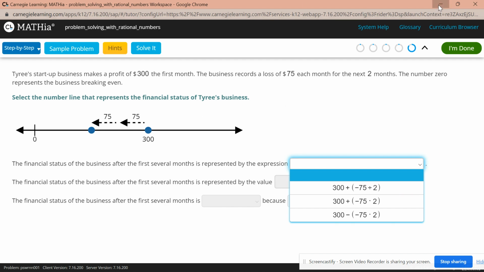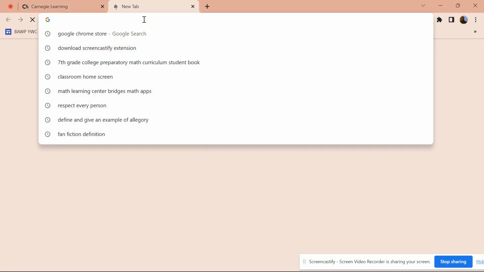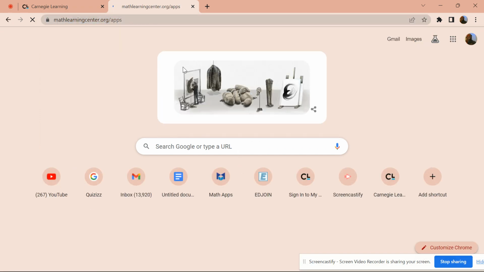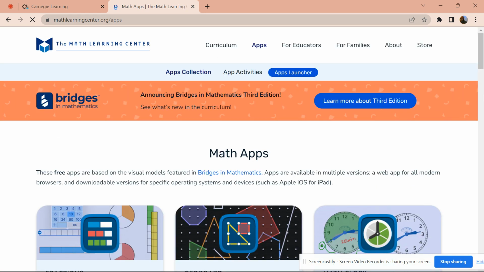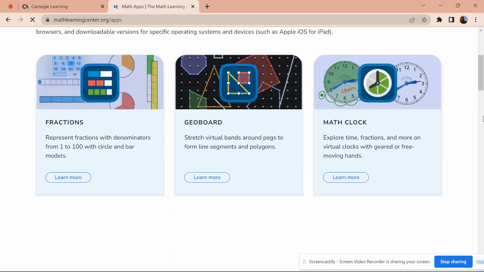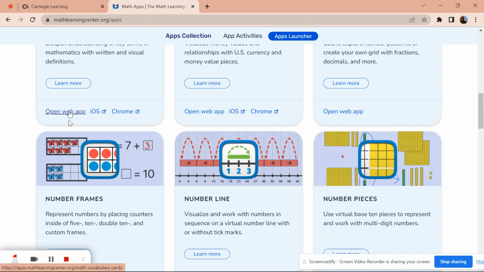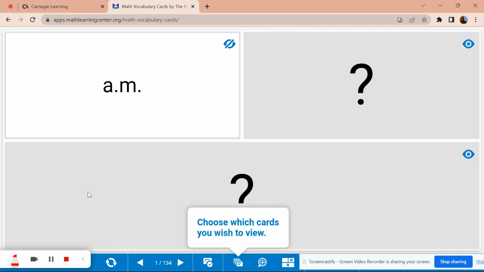Let me see if I can pull up, I thought I had a math app. Let me pull up a math app real quick because I need you to see this. It doesn't matter which one because I'm just going to draw it out. Okay, it kind of matters because I don't really want this.